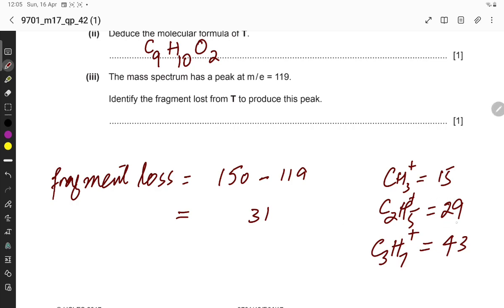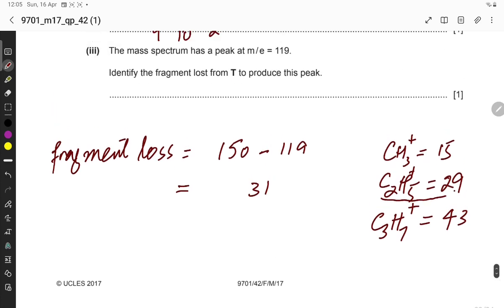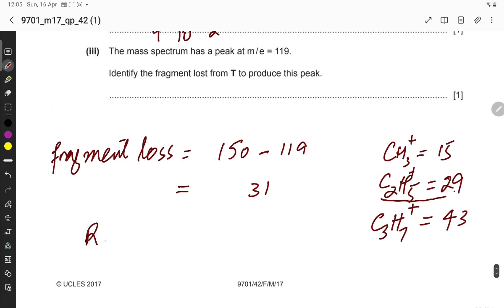So 31 is above 29 and below 43. In between these two, we can identify that if this is R, this can be an ester as well.